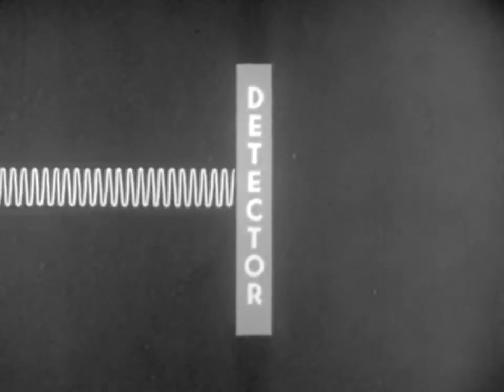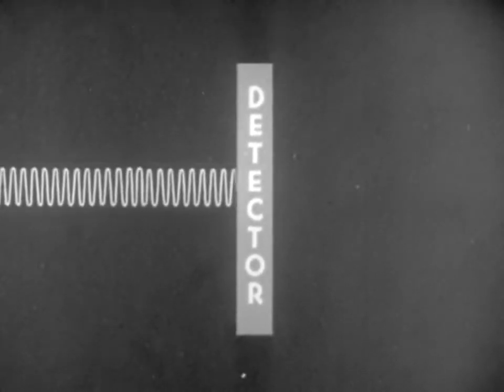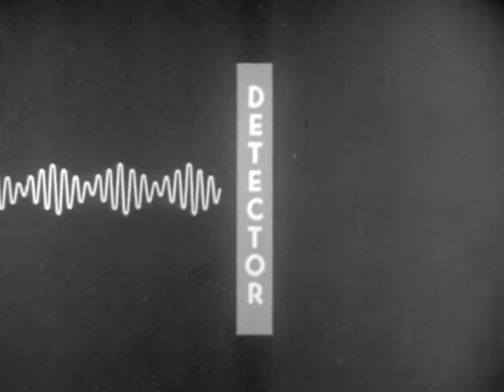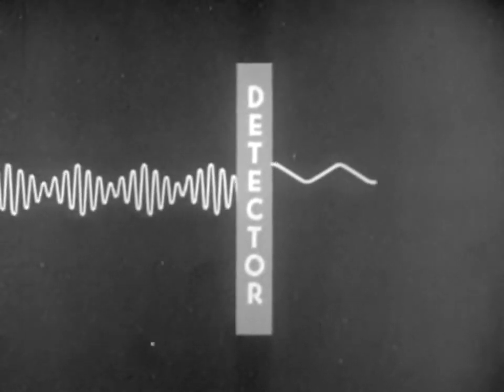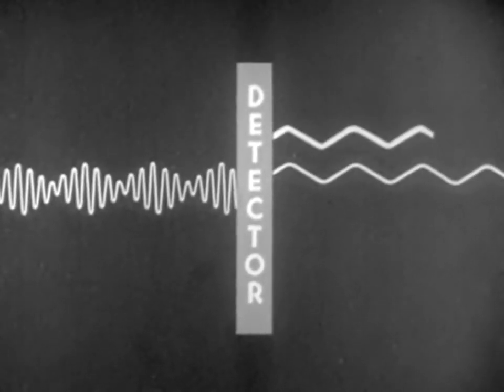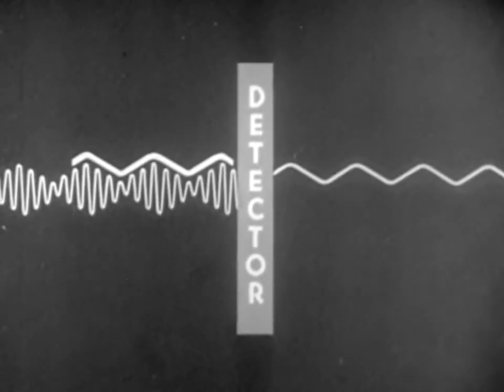Feed it an RF signal with constant amplitude, and there will be no output signal. Feed it a modulated RF, and it will provide an audio signal which mirrors the amplitude variations of that RF.